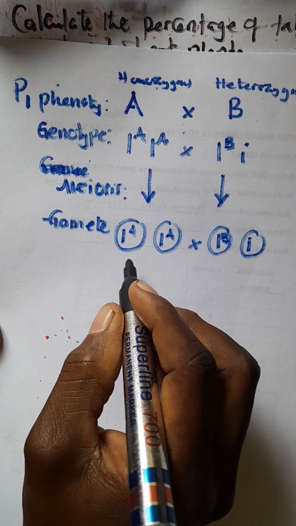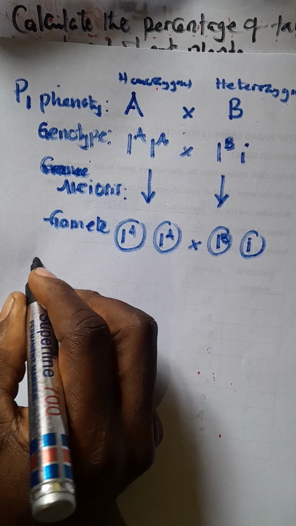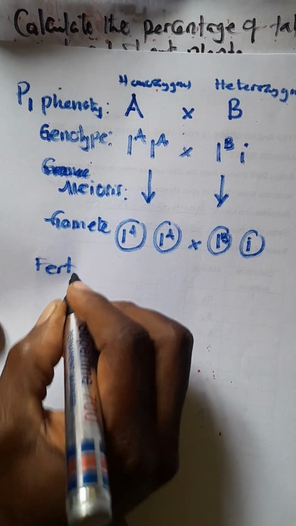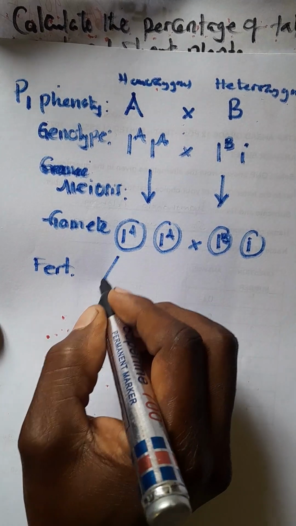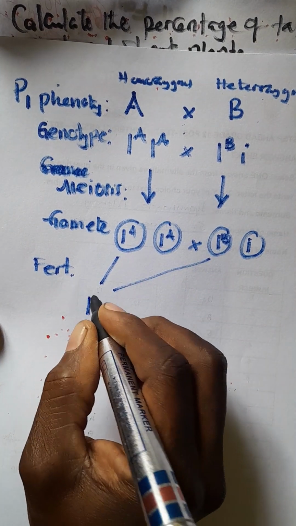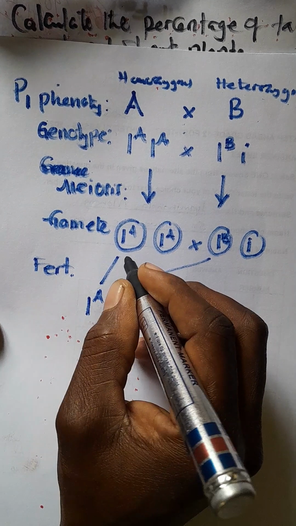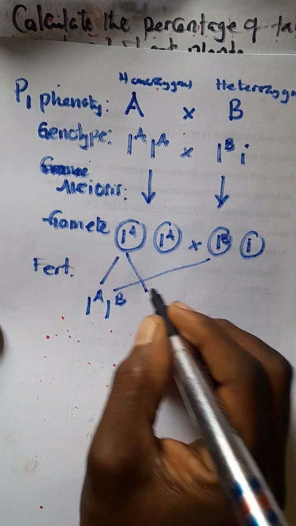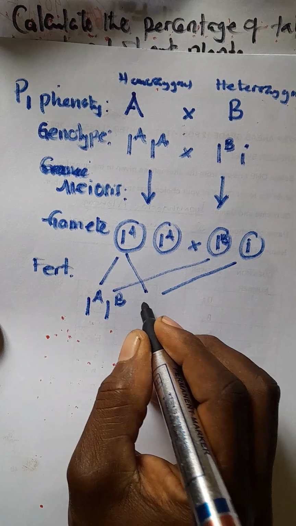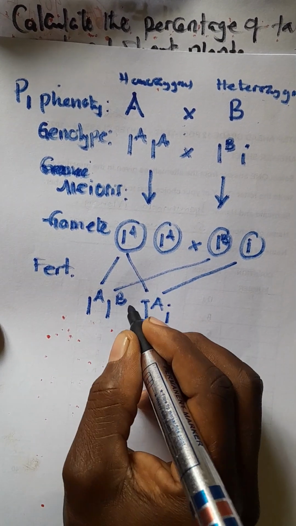When you cross this, we have fertilization there. This IA and IB, you are going to have IA and IB. It can be IA and I recessive, you're going to have IA, I recessive.